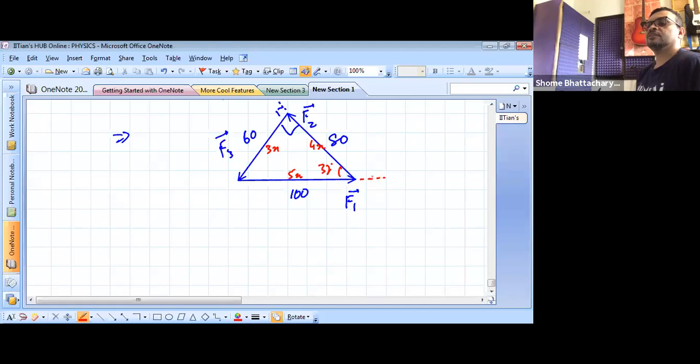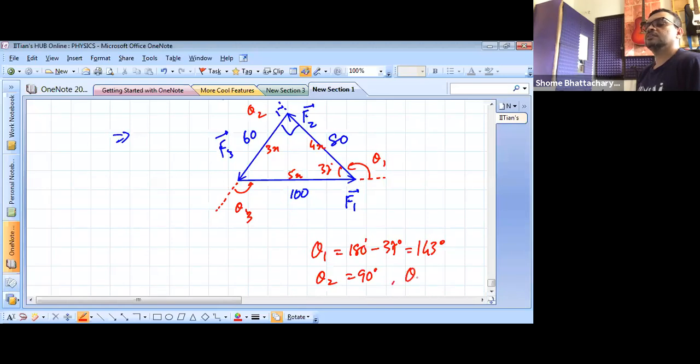So the angle between F1 and F2, let's say theta 1, the angle between F2 and F3, let's say theta 2, and the angle between F3 and F1, let's say theta 3. So theta 1 would have been 180 minus 37, or 143 degrees. Theta 2, which angle we have been asked, that's 90 degrees. And similarly, theta 3 would be 127 degrees, 180 minus 53, because this angle here would have been 53 degrees.